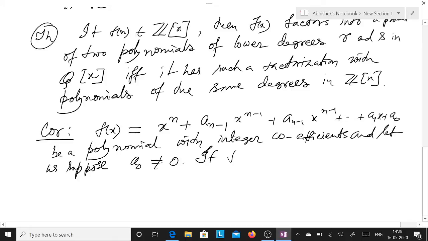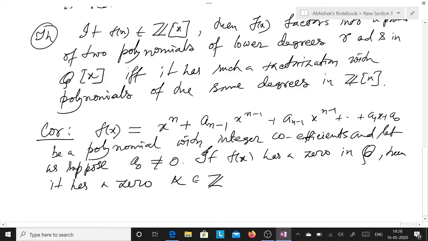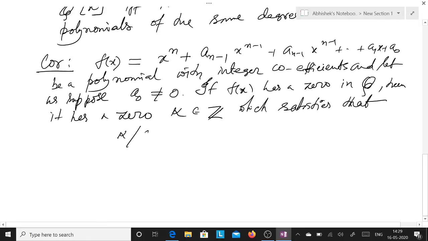Then if f(x) has a 0 in the field of rationals, then it has a 0, suppose the 0 is small k, in the ring of integers, which satisfies the property that this k will divide a_0.